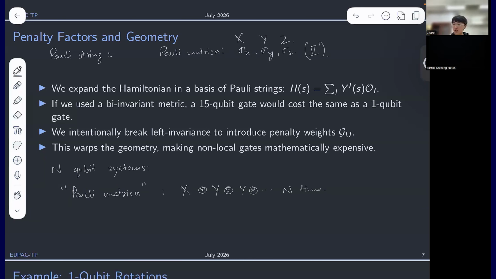The combination of all these new matrices, we call Pauli strings.